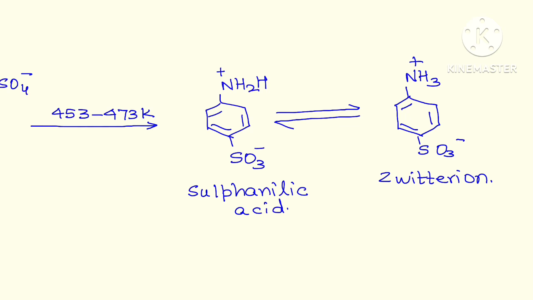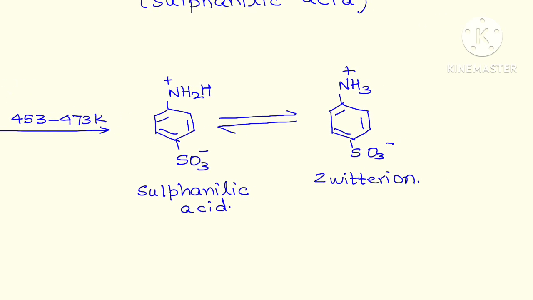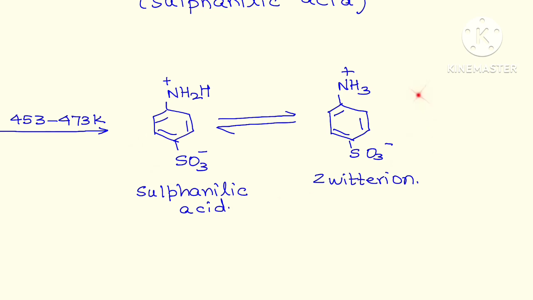Now when this happens, I have a product where I have positive and negative charge within the same molecule. We are not talking about an ion over here, this is within the same molecule. In other words, here there is a resonance between these two structures, and this is what we call as a Zwitter ion.